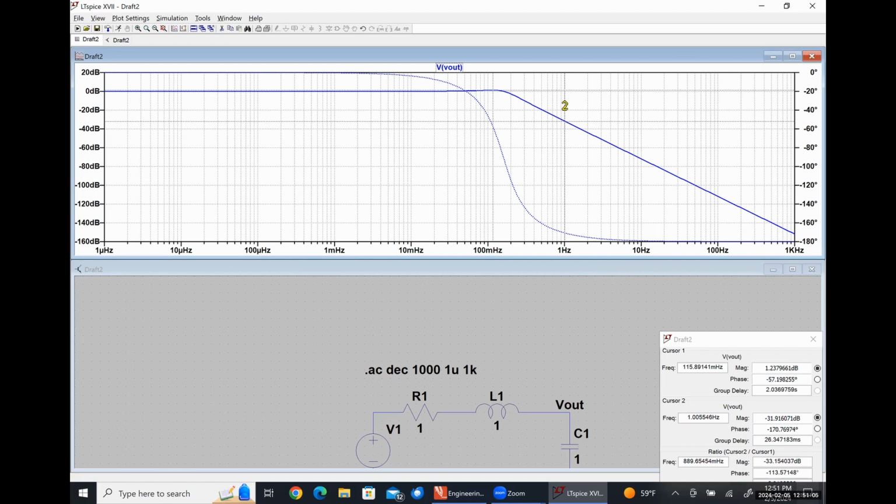So at 1 hertz on cursor 2, our magnitude, oops, it's drifting for some reason. Our magnitude is negative 31.9 dB. Over here at 10 hertz, our magnitude is negative 72 dB.